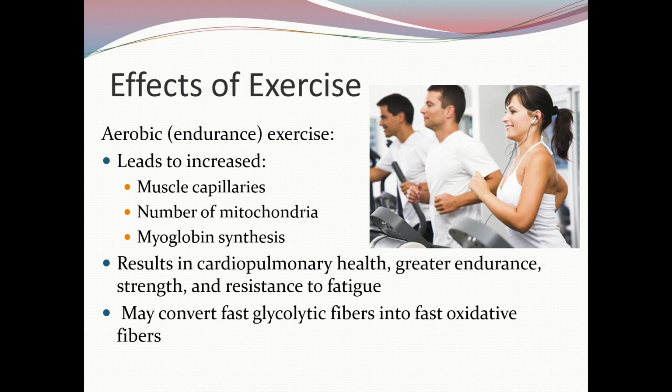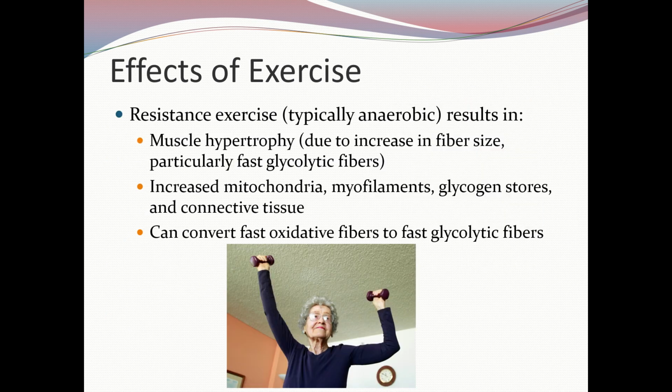So aerobic exercise will also result in cardiopulmonary health, greater endurance, strength, and resistance to fatigue. It may even convert fast glycolytic fibers into fast oxidative fibers so that it can use oxygen more efficiently. Resistance exercise is typically anaerobic, and it will result in muscle hypertrophy due to an increase in fiber size, particularly fast glycolytic fibers.